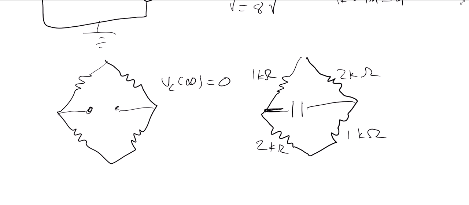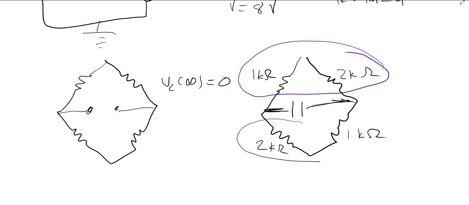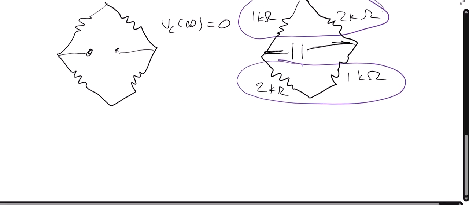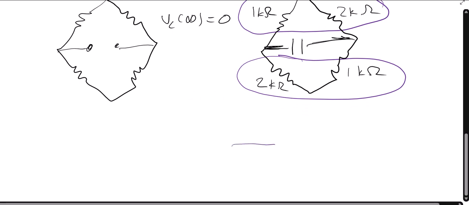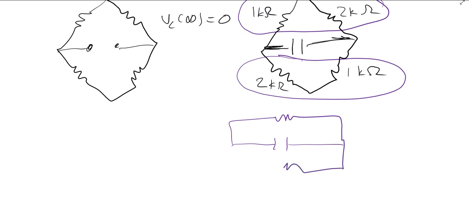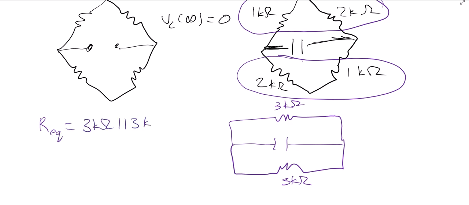Because from the point of view of this capacitor, what it sees is that these two are in series and these two are in series, and that those are in parallel with the capacitor. So our equivalent is 3 kilo ohms in parallel with 3 kilo ohms, which is 1.5 kilo ohms, but it came from a slightly different place.